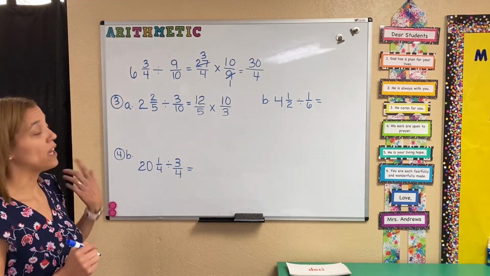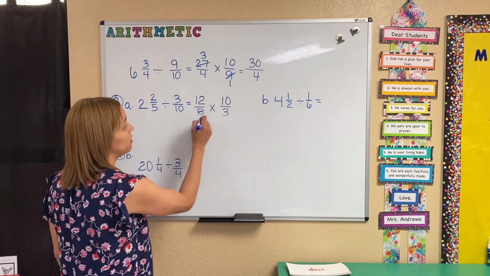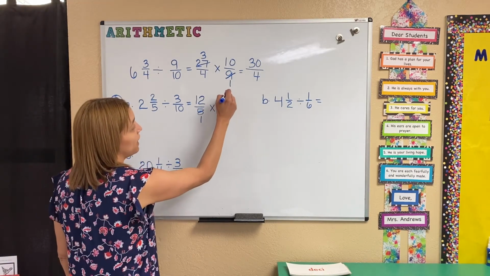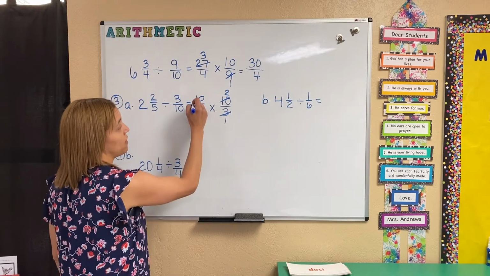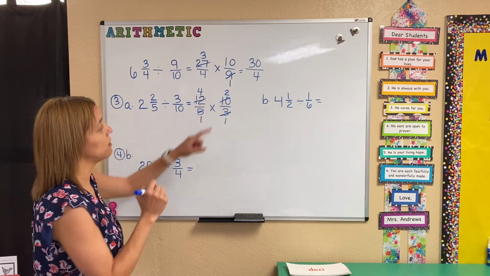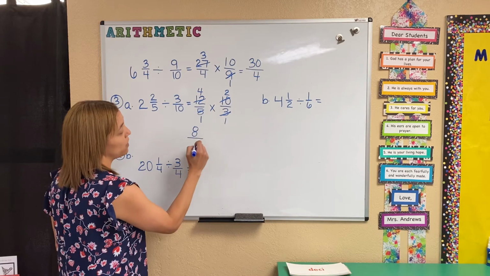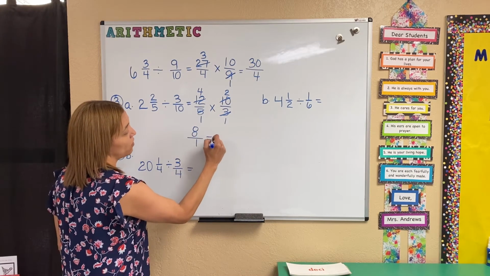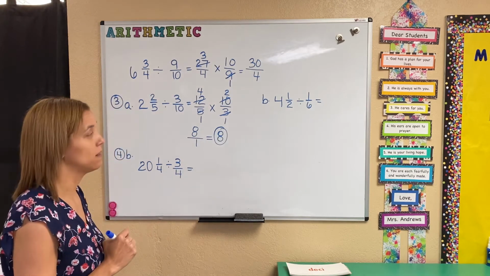Again, we have to simplify the fraction. We know that 5 goes into 10 2 times, and that the 3 goes into the 12 4 times. So we multiply 4 times 2 is 8, and 1 times 1 is 1. So the answer to letter A would be 8.